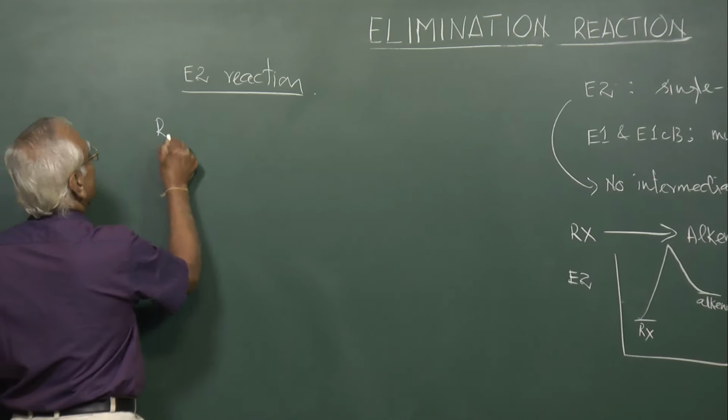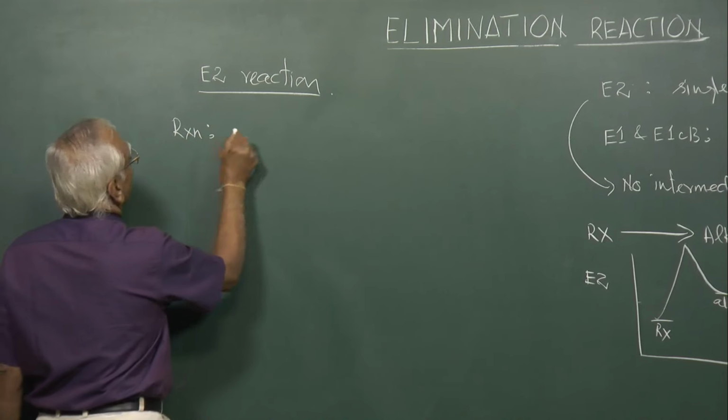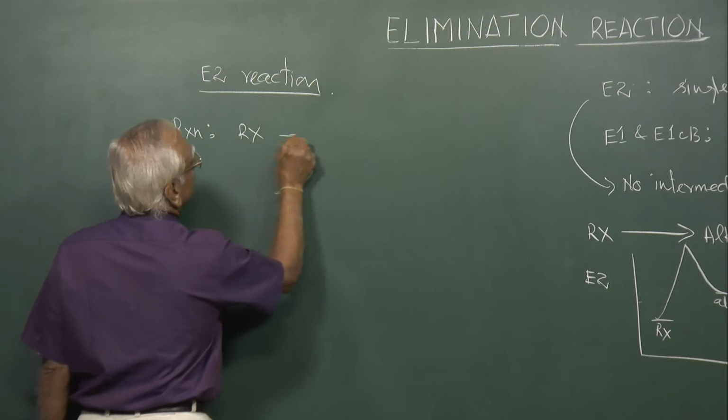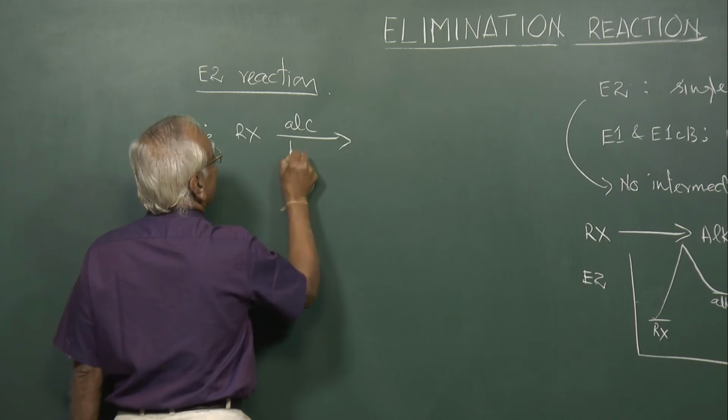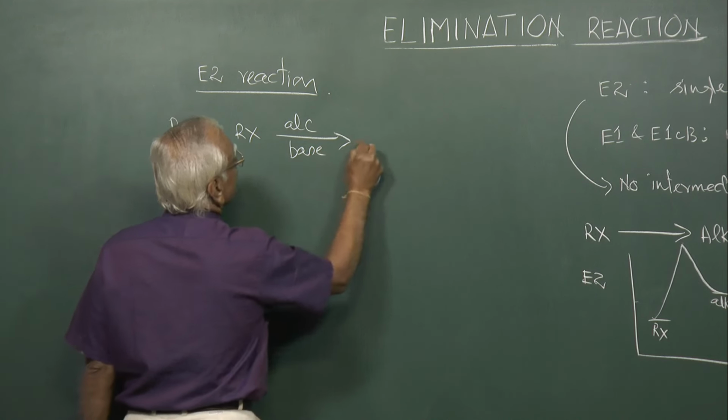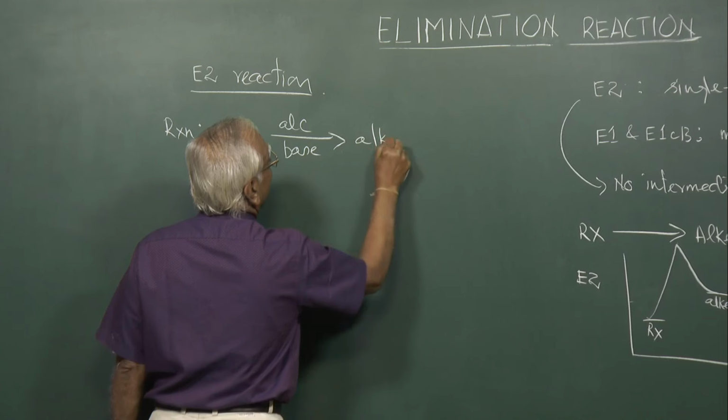Now let me write the reaction. What is the reaction? Alkyl halide. I use the reagent alcoholic base. I get an alkene.